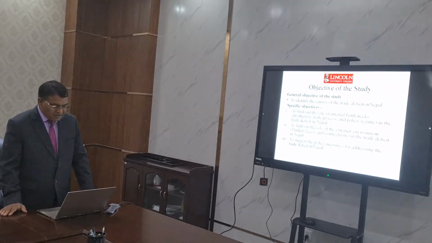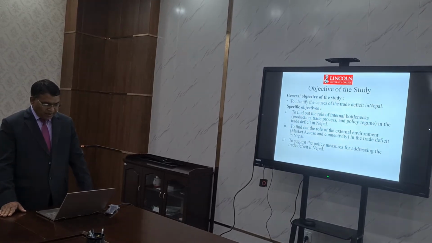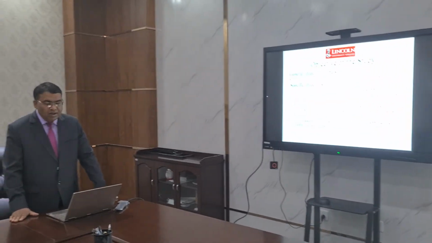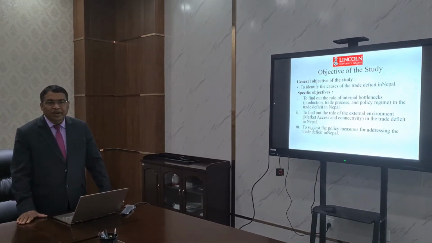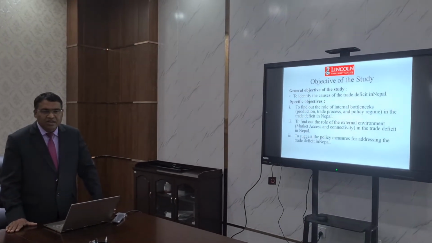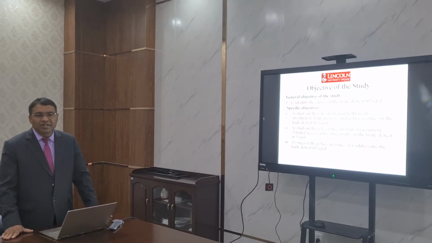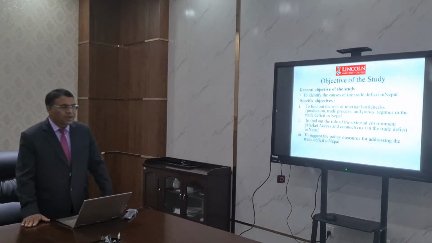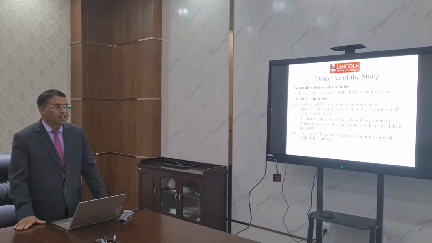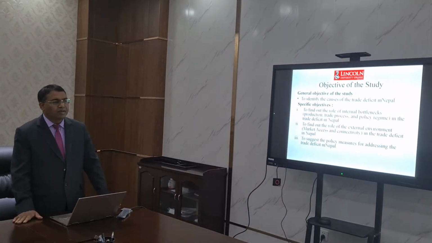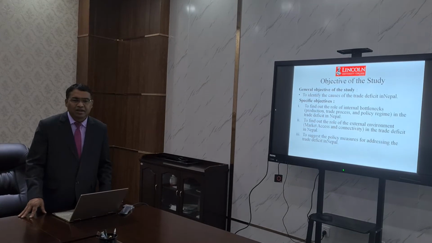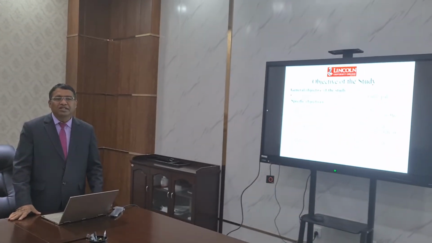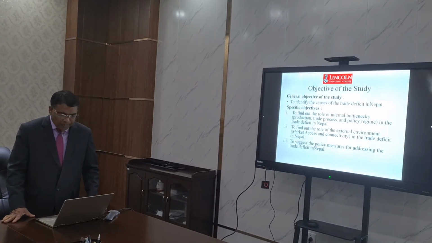Let me explain a little about the trade process and policy regime within the country. In international trade, there are many actors, activities, and processes involved. Spatially speaking, three points are important in international trade. The first is domestic, within the country, the second is at the border points, and the third is beyond the borders.